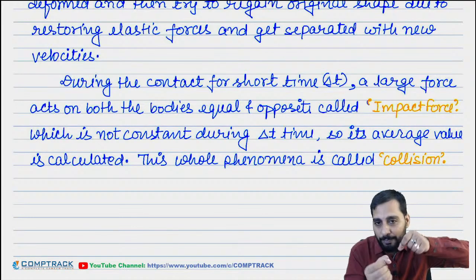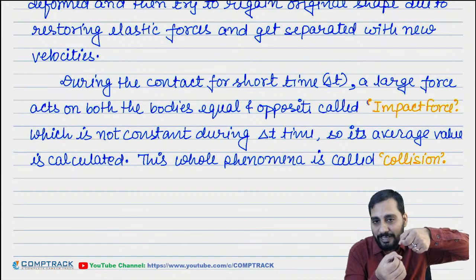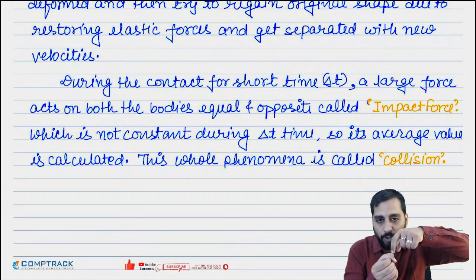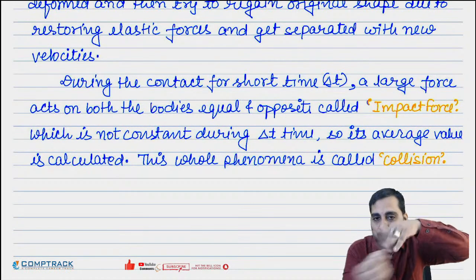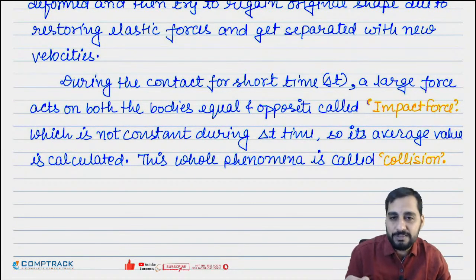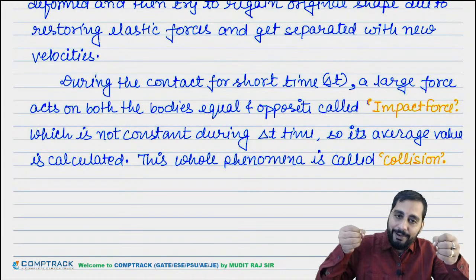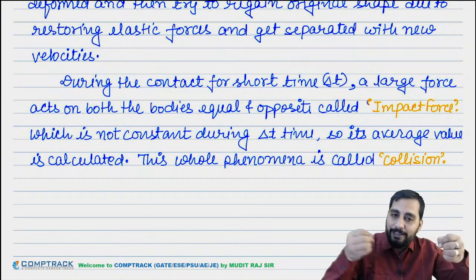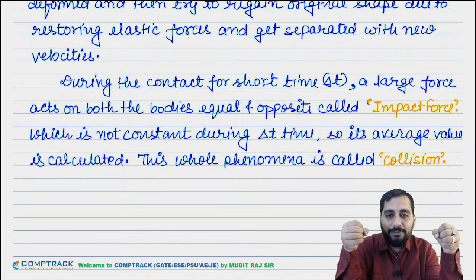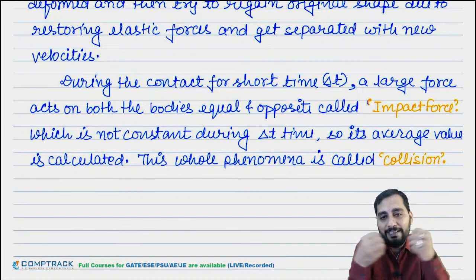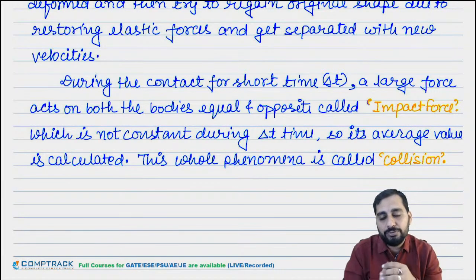If you keep your finger away from the striker and hit it like this, then it will be impact. But if you put the finger with the striker and push it, it will be impulse. When this striker goes and hits another body, so when there is striking or collision of two bodies, then the force will be called impact force.